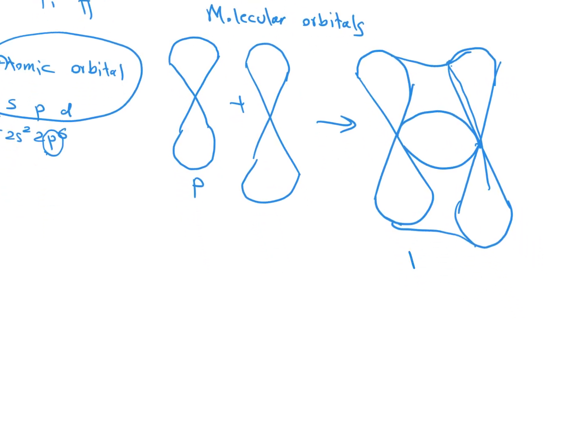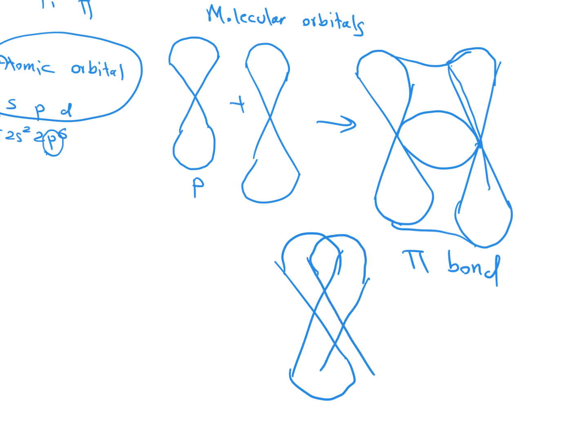So this would be pi bond, and how I write it if I draw the structure myself would be something like this. As you see, this is lateral overlap, so you have this lobe here overlapping with this lobe, and this one here overlapping with this one. So this is pi bond.